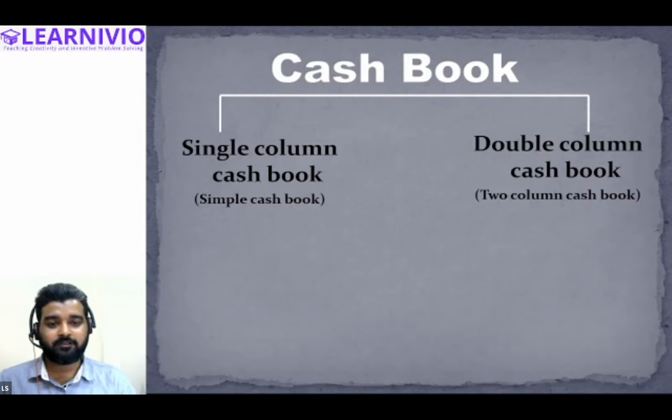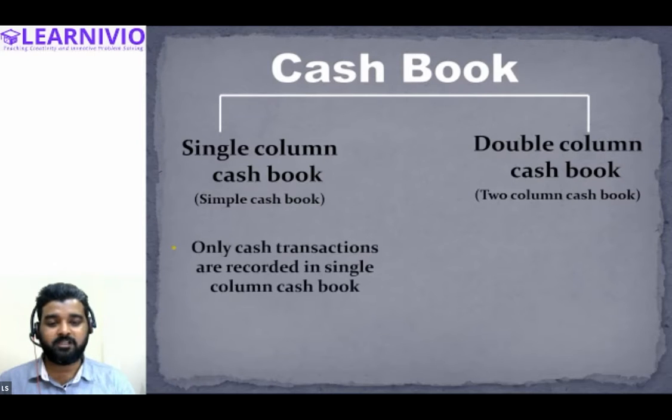So let's understand the basic difference. What is the basic difference between single column cash book and double column cash book? See, the basic difference is that single column only deals with the cash transactions, right? It records the cash transactions only.